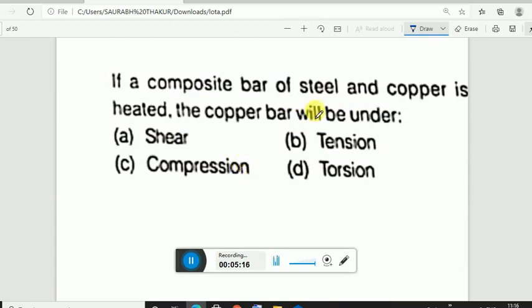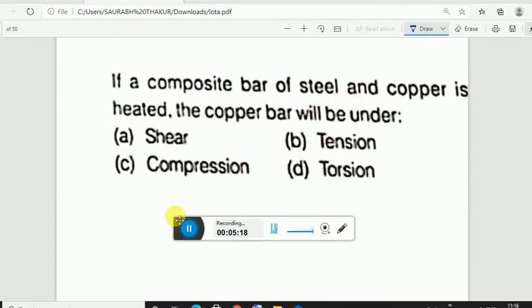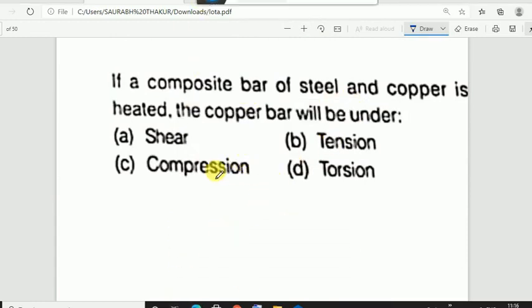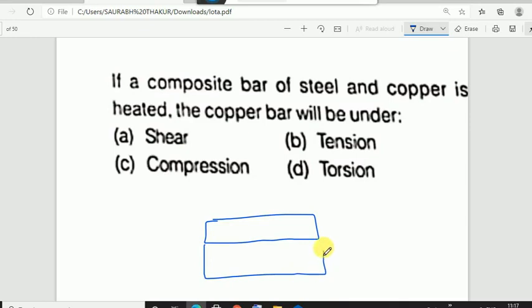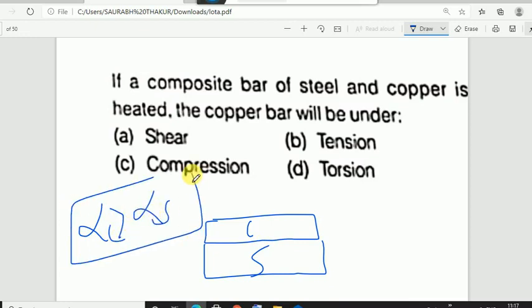In the question, in a composite bar of steel and copper, which is heated, let's suppose this is our composite beam, this is our copper, and this is our steel, and you must know alpha of C is greater than alpha of S. It means copper will have greater expansion.